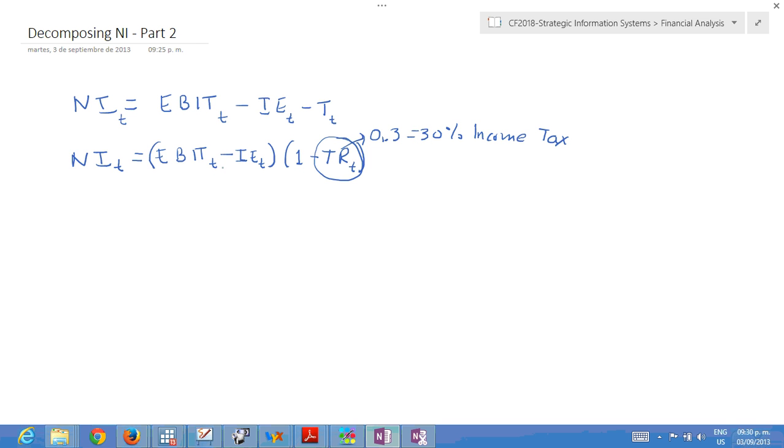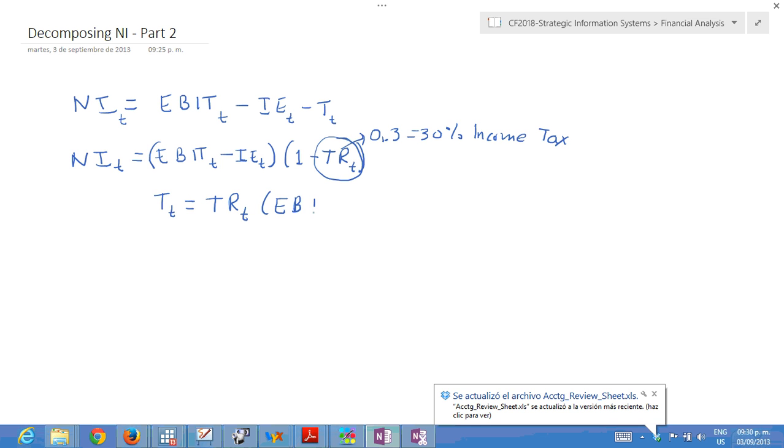Okay, now let's do a little bit more math. We can say that the tax amount that's going to be paid is equal to the tax rate at some specific period times EBIT at time t minus interest expenses at time t.